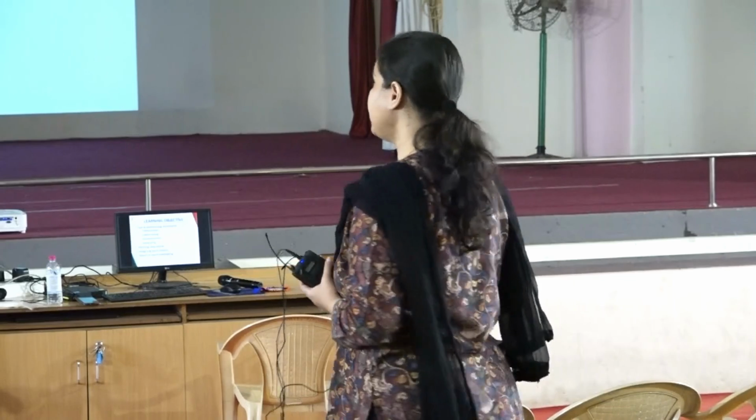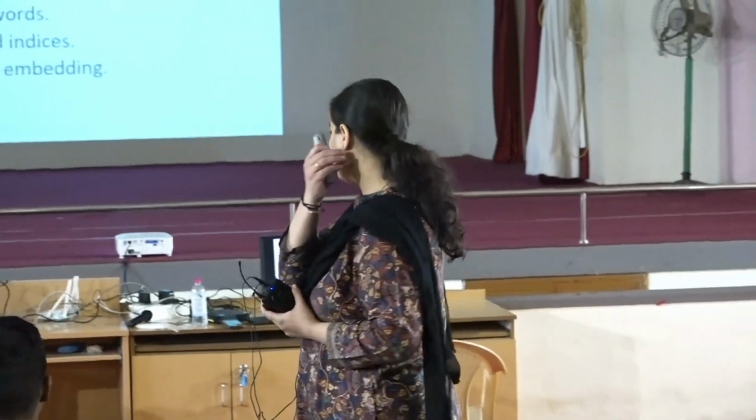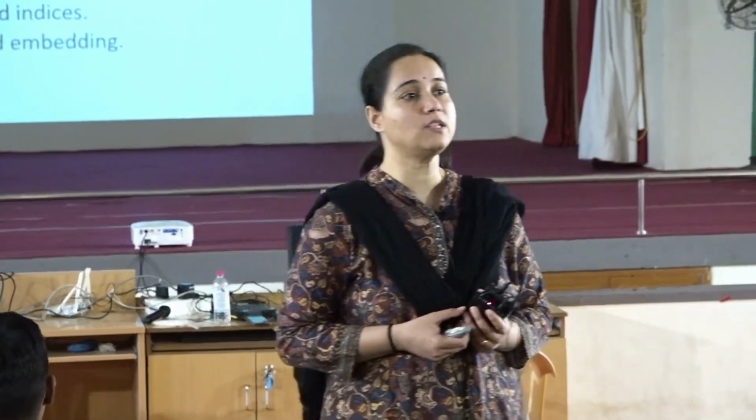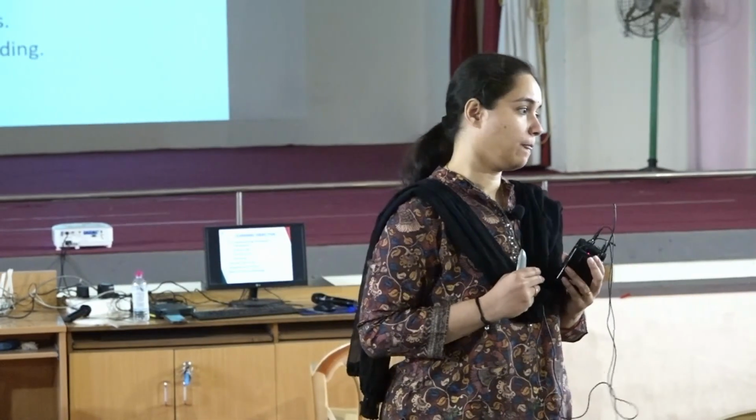Then the next step is lemmatization. What is lemmatization? Any idea? Hearing it for the first time? Okay. So lemmatization is converting the tokens that you have generated, the unique words that you have generated from your text, into their lemma. Lemma means root word.